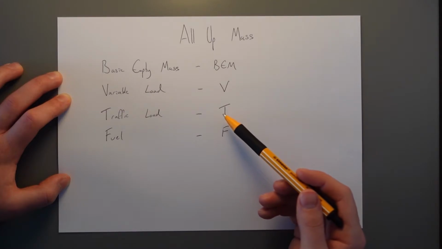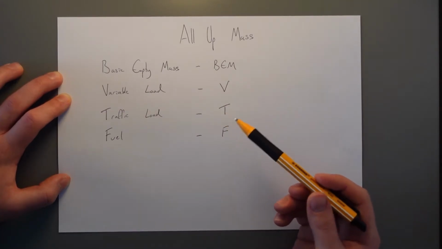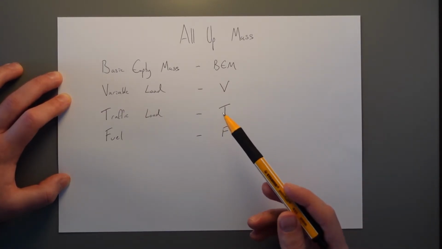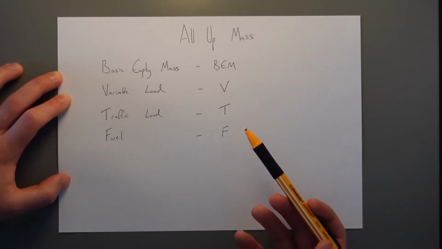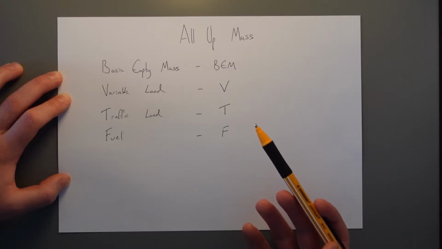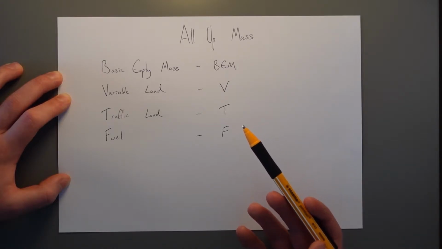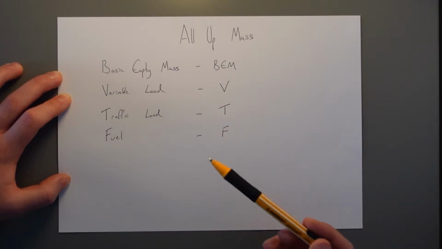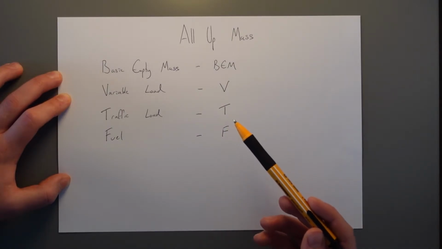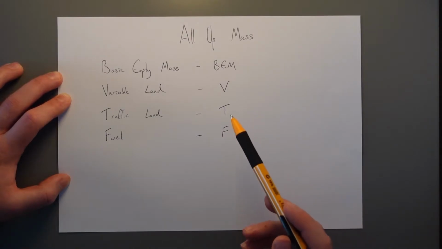The traffic load is the passenger part. It contains passengers and their bags, and in the case of a cargo flight, it is the cargo. Traffic load also includes something called non-revenue load, which, as the name implies, is load that does not make revenue. It's not paying for the space.